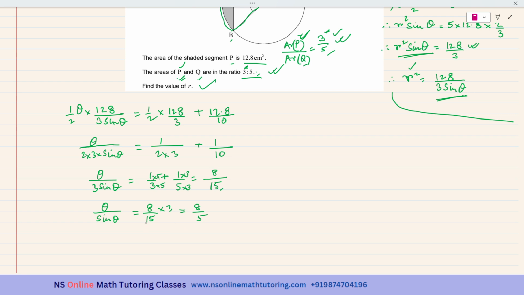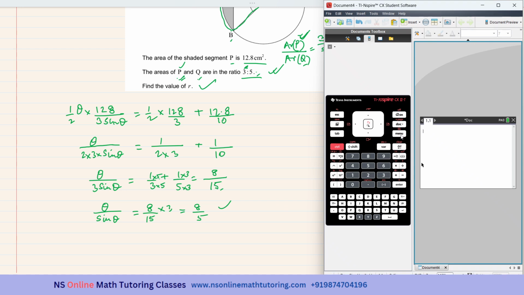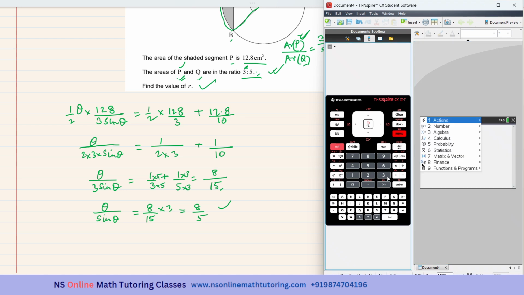Now we will use the calculator, the numerical solve, to get the value of theta. Menu number 3, algebra, number 1, numerical solve.